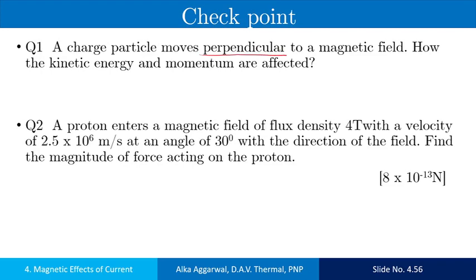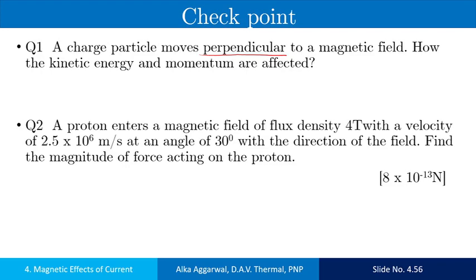As the particle velocity and the magnetic field are perpendicular, the force is also acting in a perpendicular direction, and the work done by the magnetic force is 0, as the angle between the velocity and the force is 90 degrees.